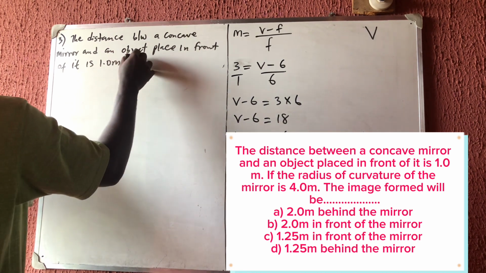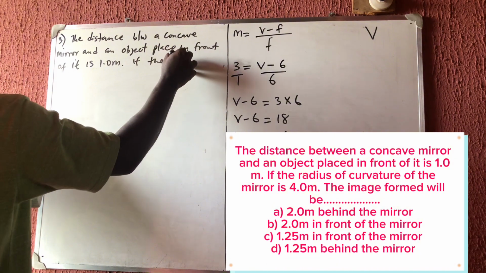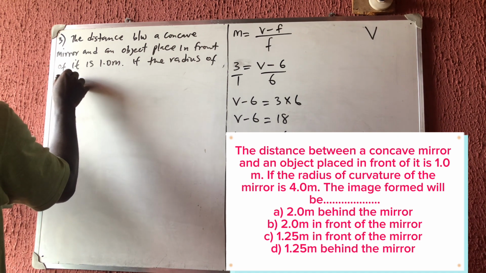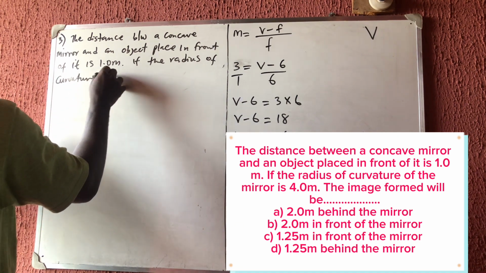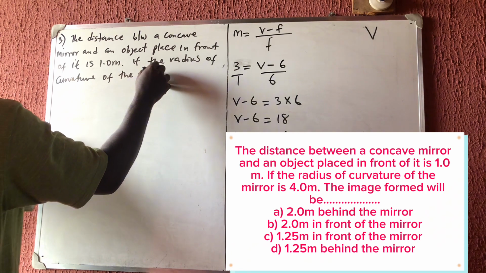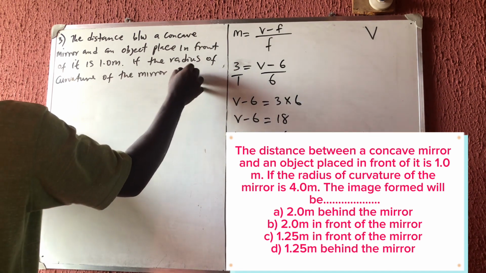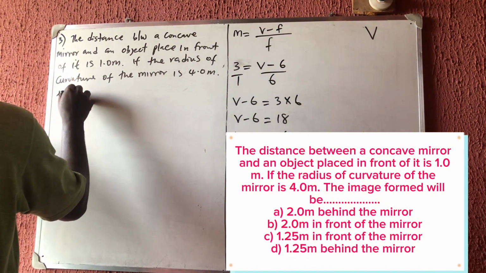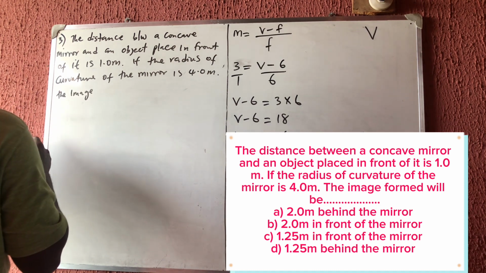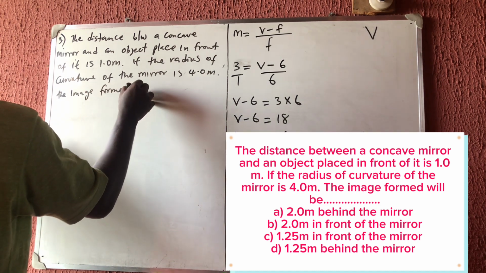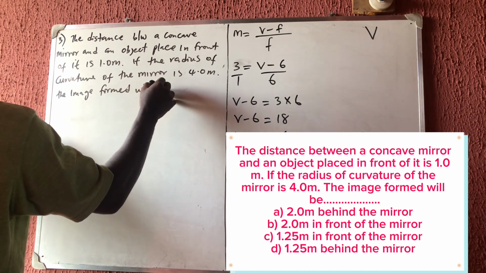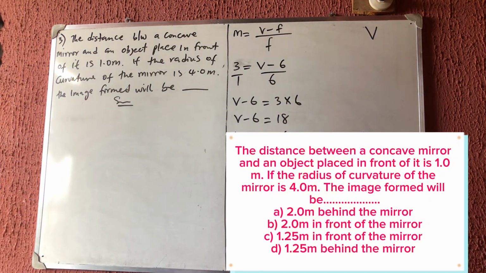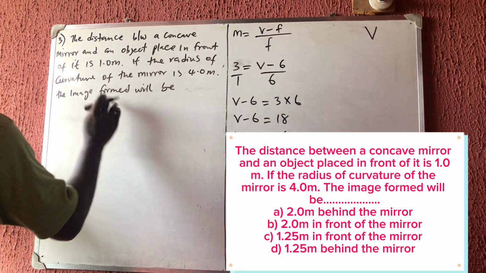Then I say if the radius of curvature of the mirror is 4.0 meter, then I say the image formed will be dash. Okay, solution. Let me write this: the image formed will be dash.